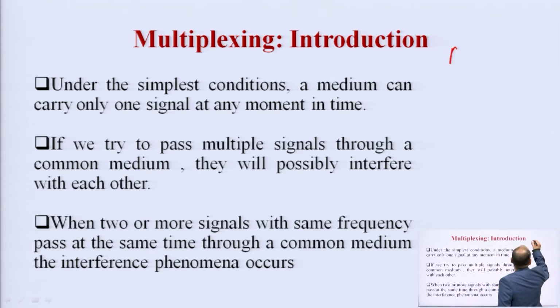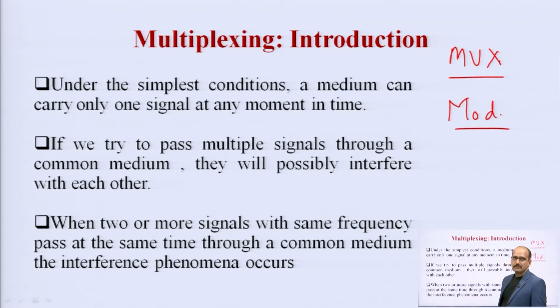First is what is multiplexing, then we are going to concentrate on modulation. Actually, as you all know, there are two kinds of signal, first is the analog signal and second is the digital signal.